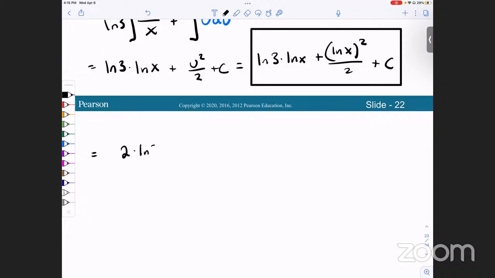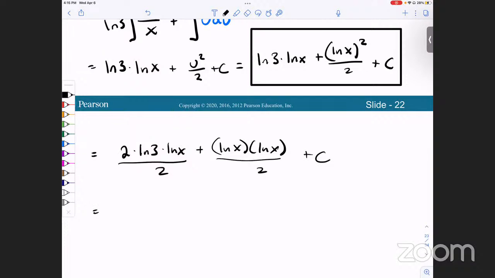Two times the natural log of 3 times the natural log of x squared. I'm just rewriting 2 because I just wanted a common denominator plus some constant. Terms, we can factor out a natural ln x. Plus with the natural log of 9. The ln x over 2, right?